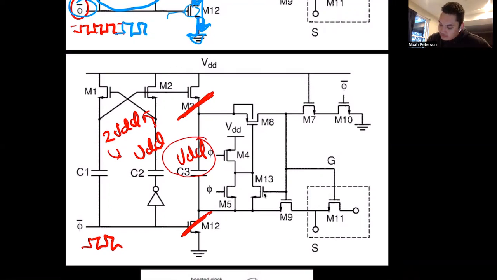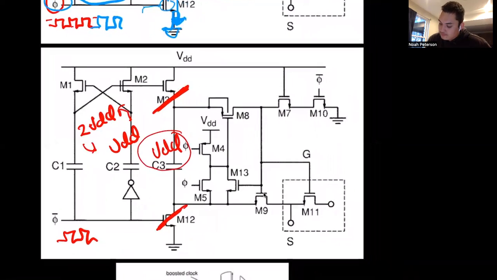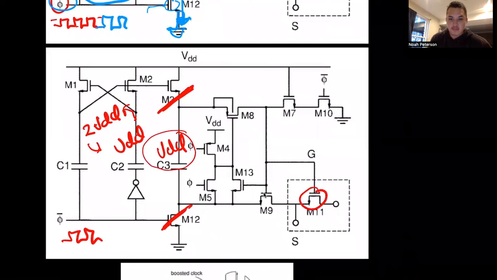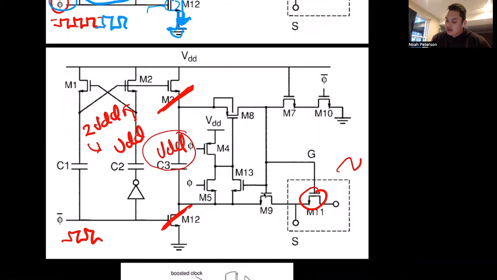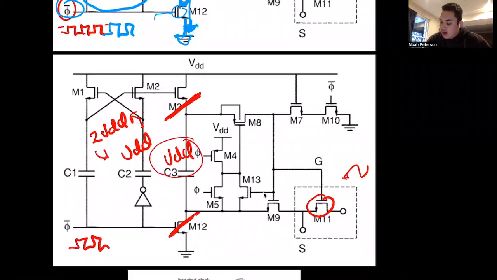So above all, this is your sampling transistor, your NMOS right there, and it's just going to sample. Again, it's going to sample that incoming analog voltage and hold it constant. But so how do we do that?